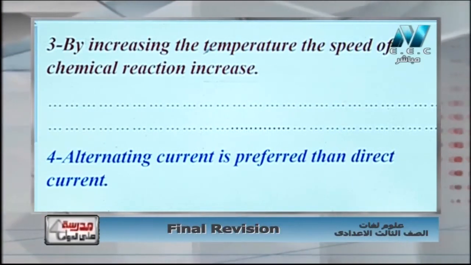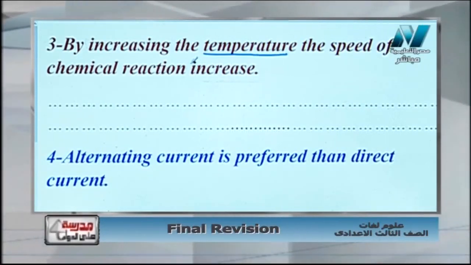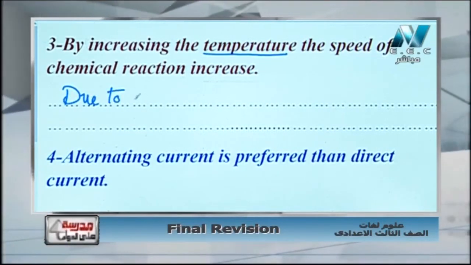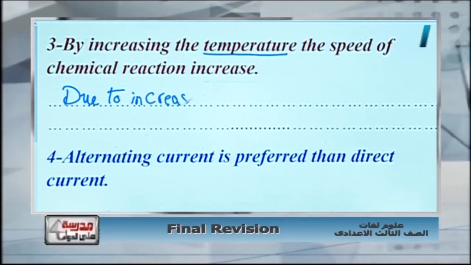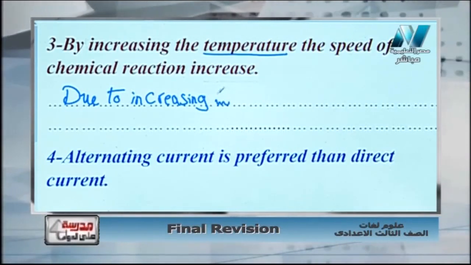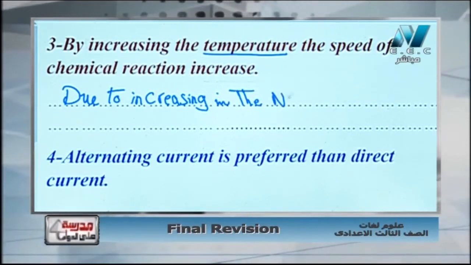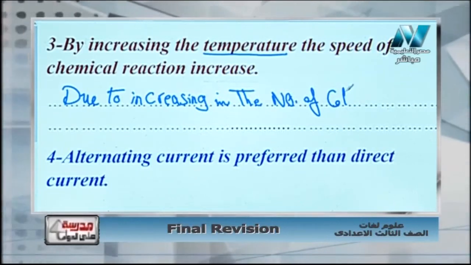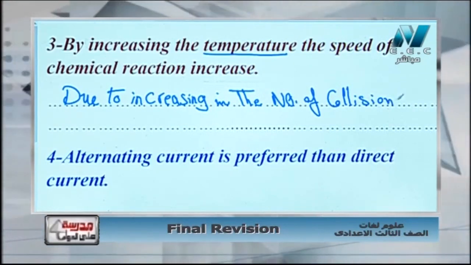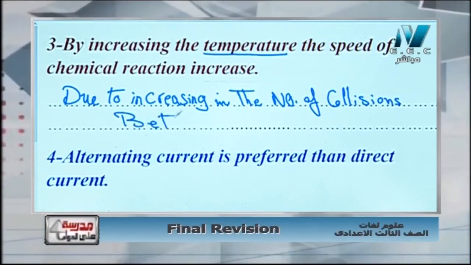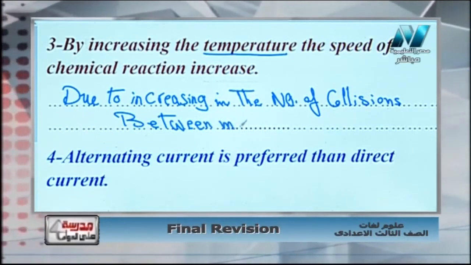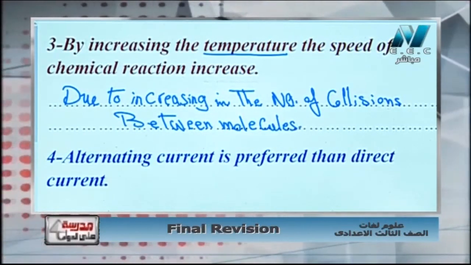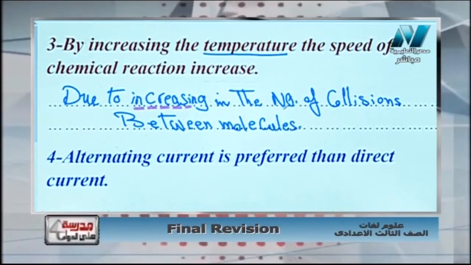By increasing temperature بزيادة درجة الحرارة the speed of chemical reaction increases. طبعا we have due to increasing in the number of collisions. طبعا collisions احنا عارفين معناها اصطدامات between molecules, okay. يبقى here we have due to increasing the number of collisions between molecules.